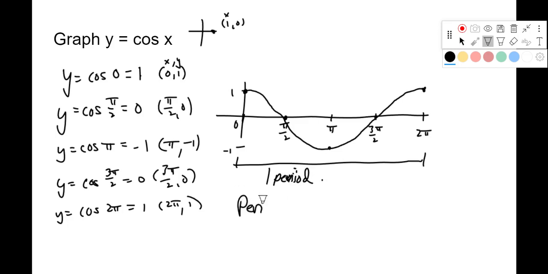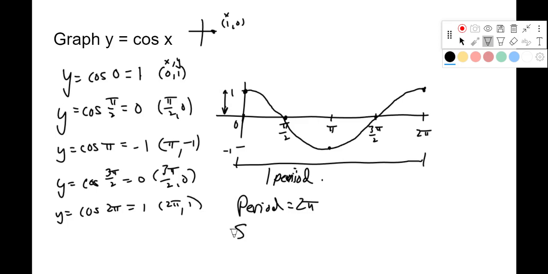So the period of cosine is 2 pi units. It takes 2 pi for it to go through one cycle. Okay? Let's see. We have the amplitude is 1 unit high and 1 unit low.